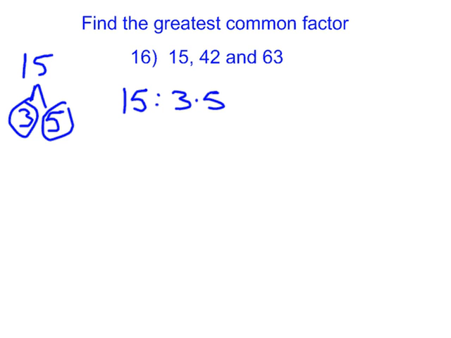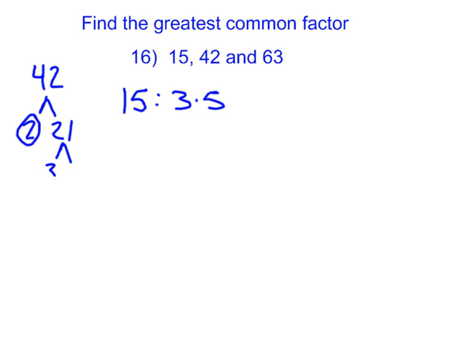Okay, then we will do 42. And 42 we could do 2 times 21. 21 is 3 times 7. And so 42 is 2 times 3 times 7.